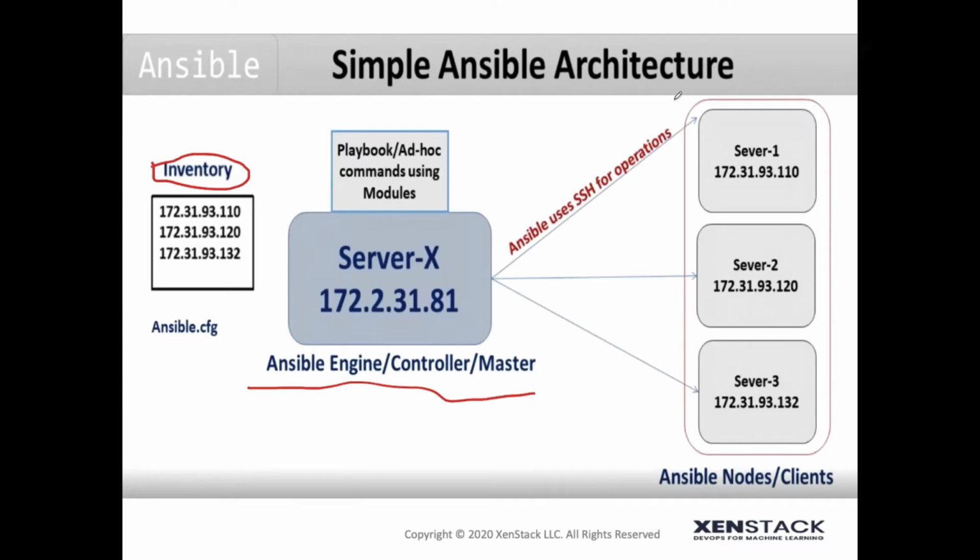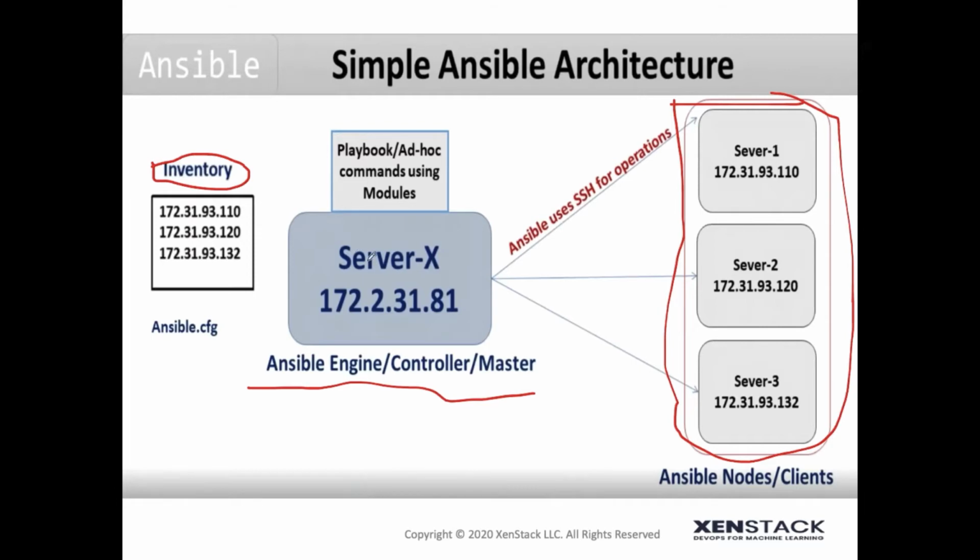These are your remote machines. On the right-hand side you can see the information of your remote machines. Every machine has its own IP, and those IP details are provided in this master machine's inventory file. There you can see 110, 120 and 132. These are the IPs of these remote machines.